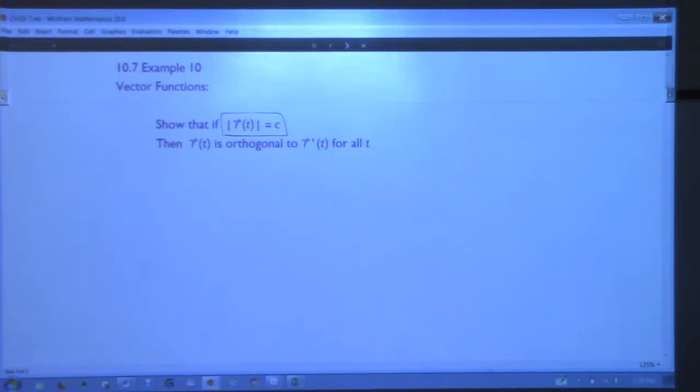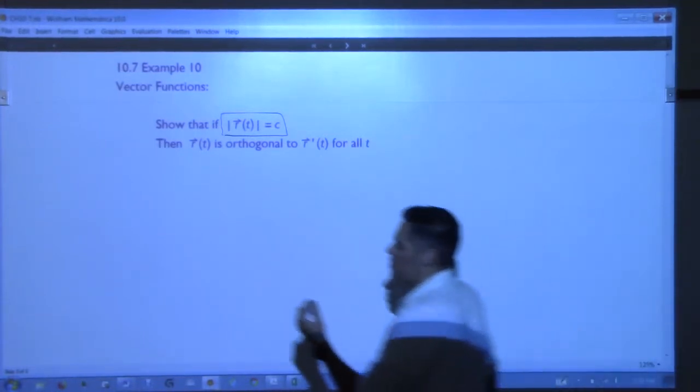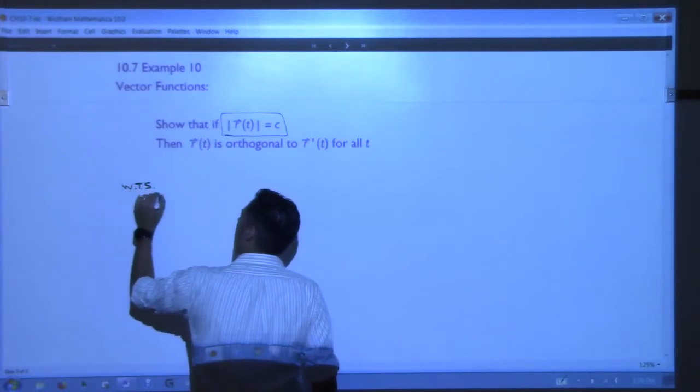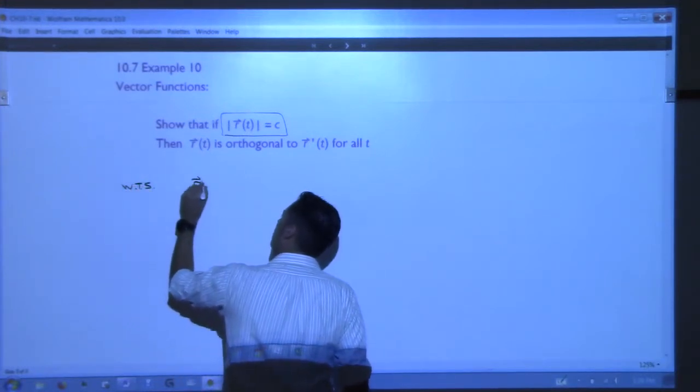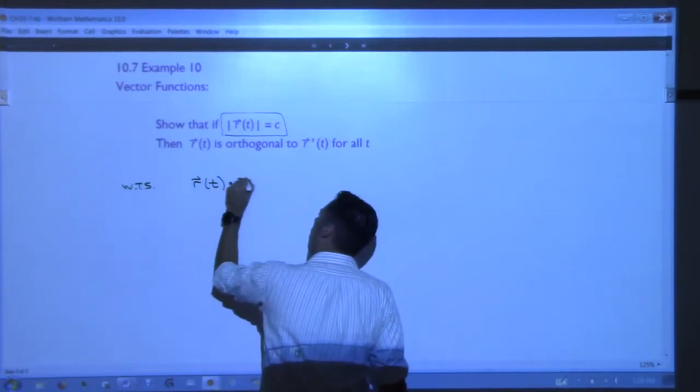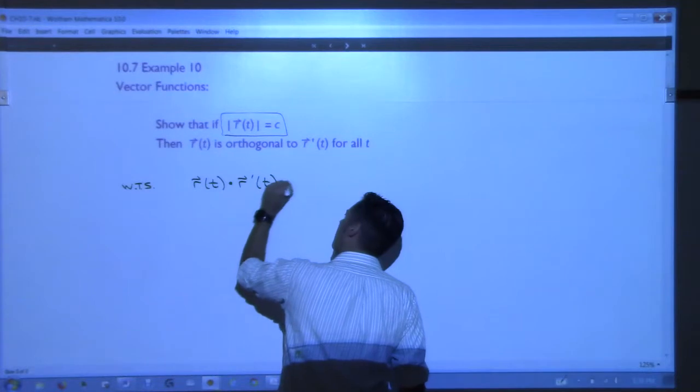How in the world do you show this? Okay, well, let me try. What do we want to show? We want to show that r of t dotted with r prime of t equals 0.